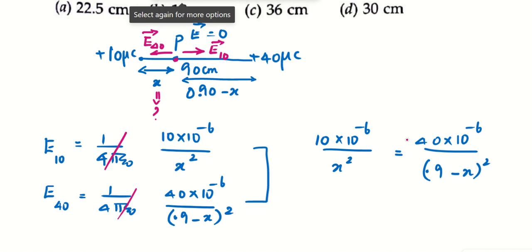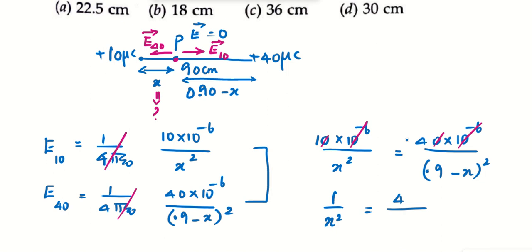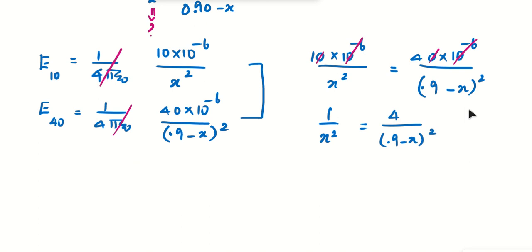The 10 power minus 6 will go away too. Then we can write this as 1 over x squared equals 4 divided by 0.9 minus x whole squared. Let's solve this for x.